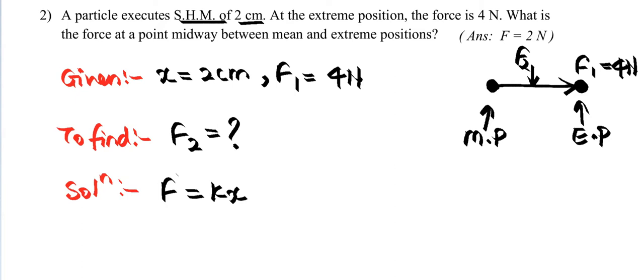So for position 1 my force is going to be F1 is equal to kx1, and for position 2, that is in between the mean position and the extreme position, it is going to be equal to kx2.